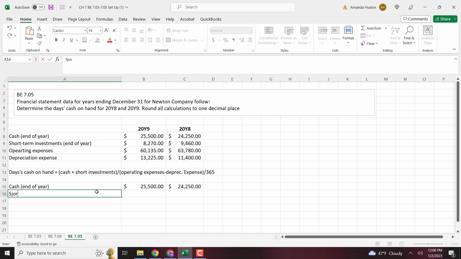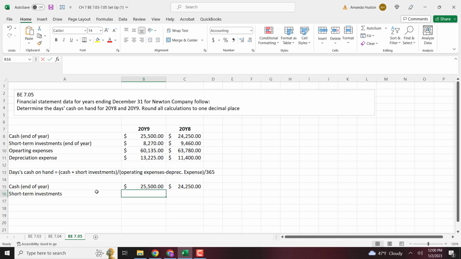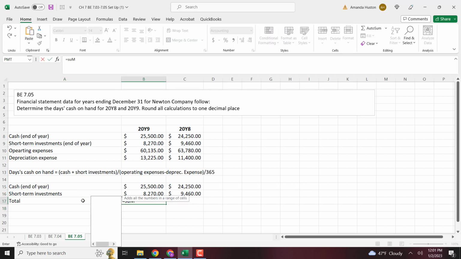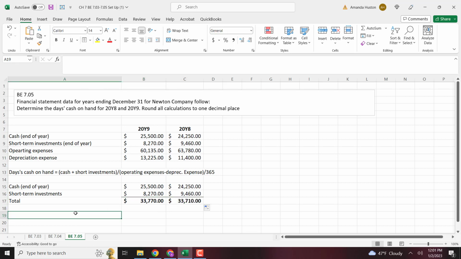Then we need short-term investments. All I'm doing is copying the data from above for each year. And then we need to have a total. So we're going to total these. Okay. Pretty close to each other.